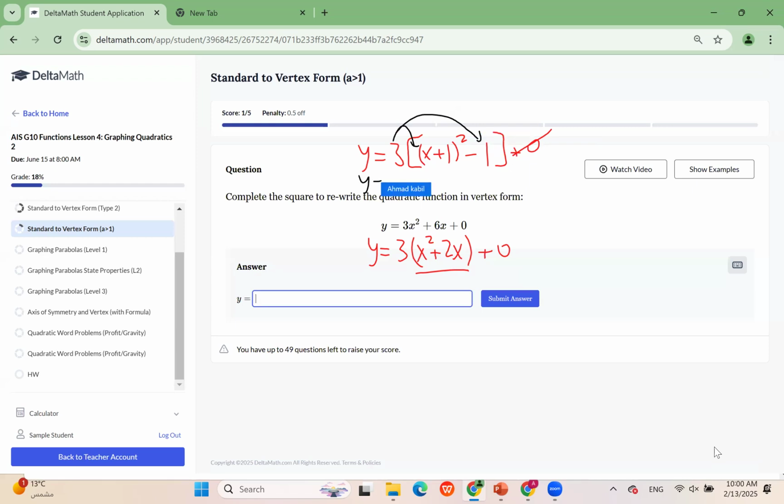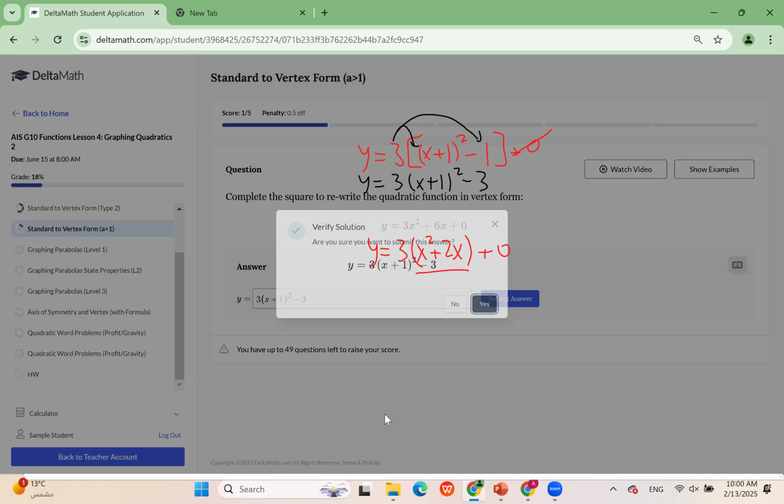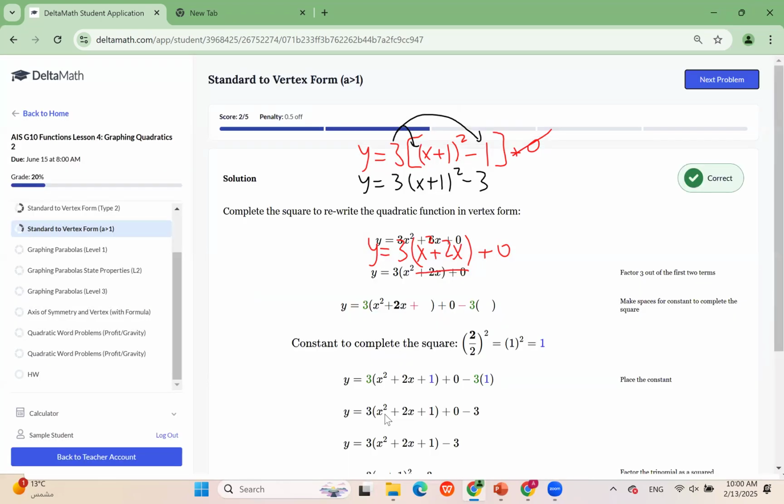We have y equals 3 times x plus 1 all power 2 minus 3. This will be our final answer. And this is correct as well.